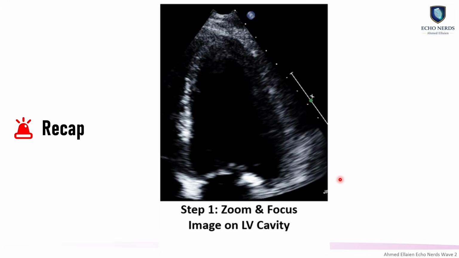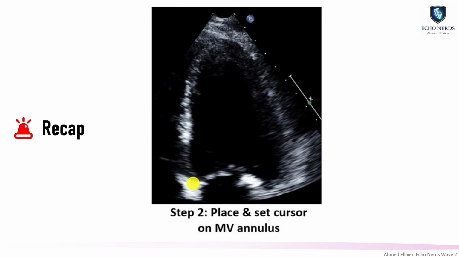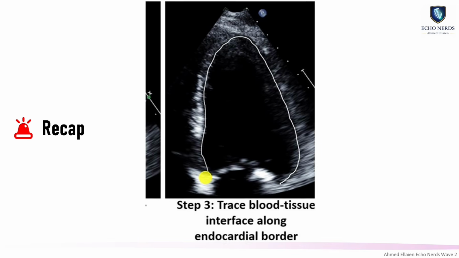Finally, we have to recap the method. We have to avoid foreshortening, focus, and decrease the depth, not the zoom, decrease the depth of the LV so that it fills the screen. Place and set the cursor at the mitral valve annulus at the appropriate frame, whether it is the end systolic or end diastolic.